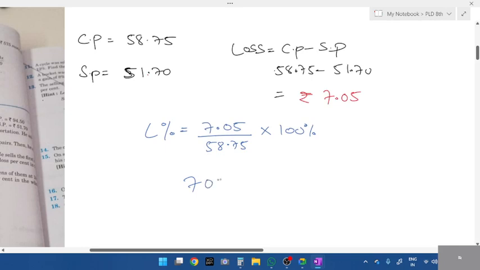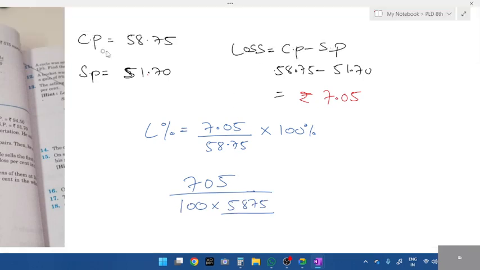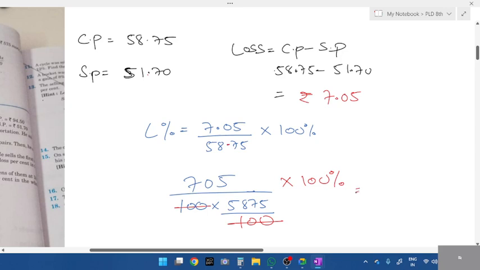Can I write 705 divided by 100? 58.75, how do I write it? After the decimal, how many numbers are there? 2. So you have to divide by 100. Which one gets cancelled here? This 100 and 100 get cancelled. You all complete this calculation. 705, 5875 into 100%.